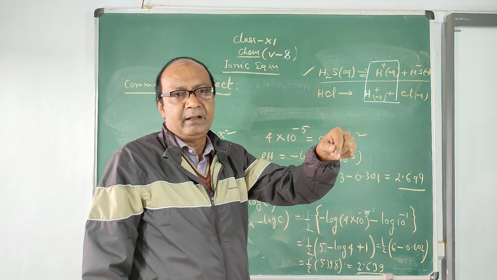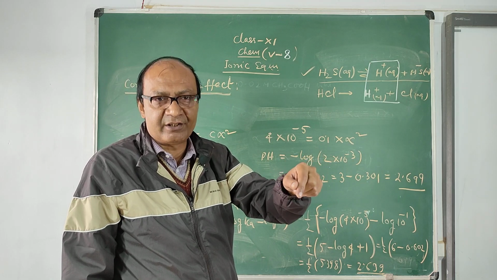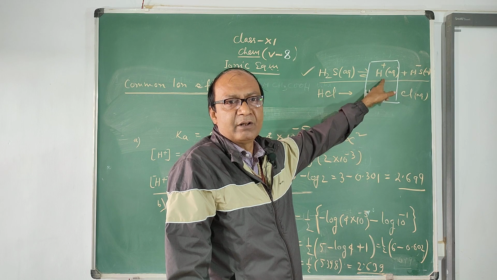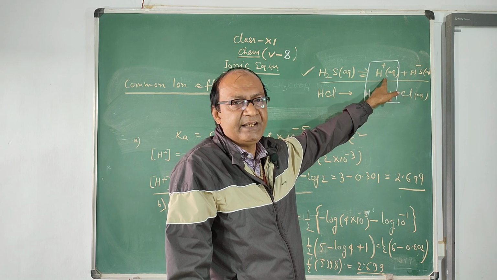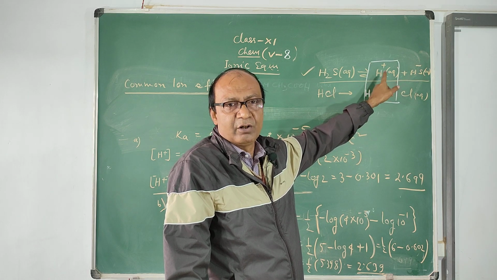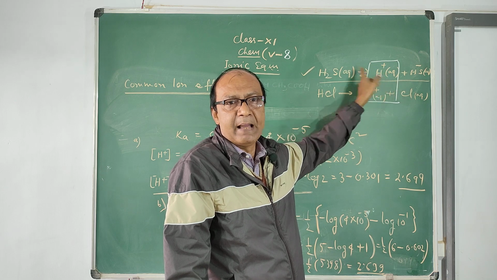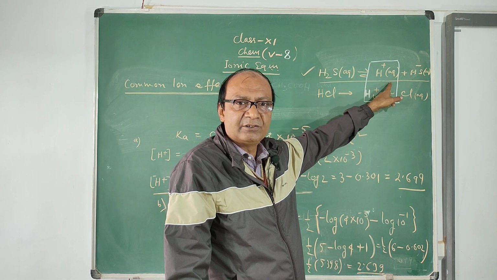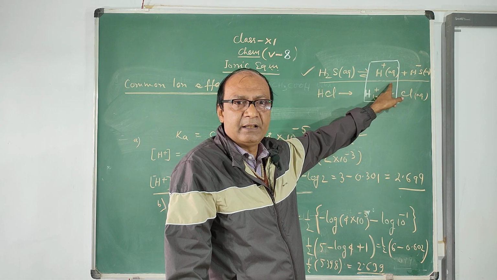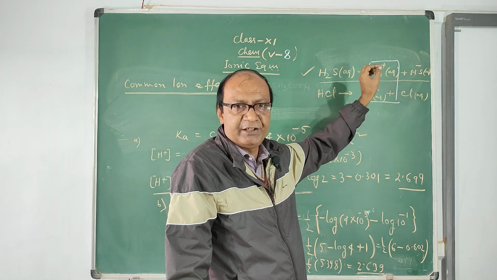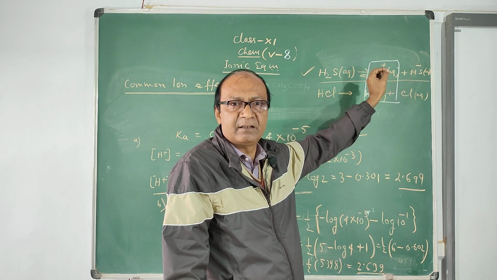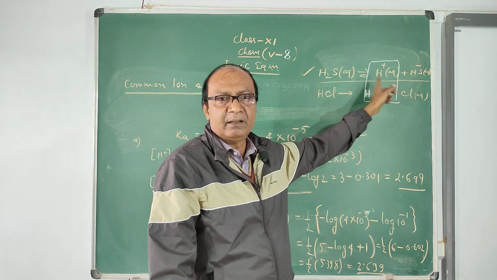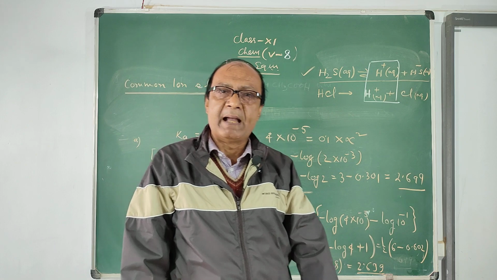It is explained on the basis of Le Chatelier's principle. As you know, in Le Chatelier's principle, if the concentration of any of the products is increased, the process is shifted to the backward direction.